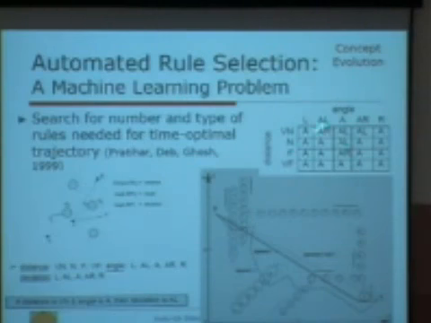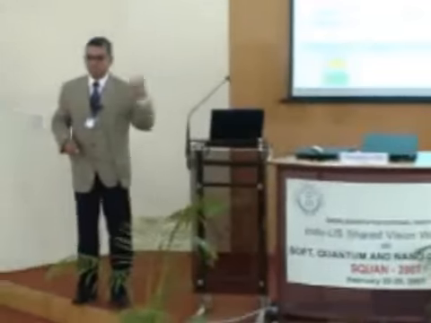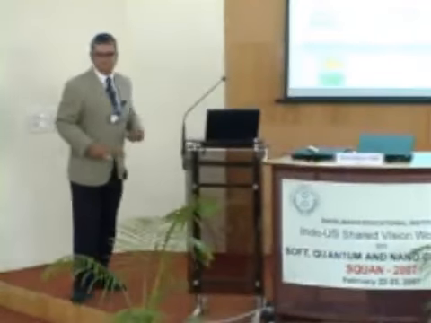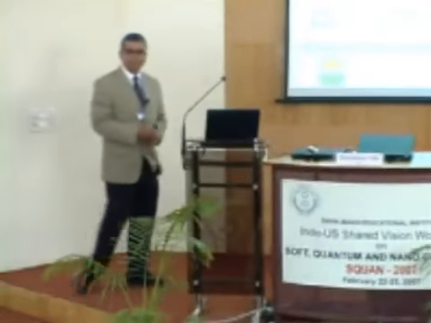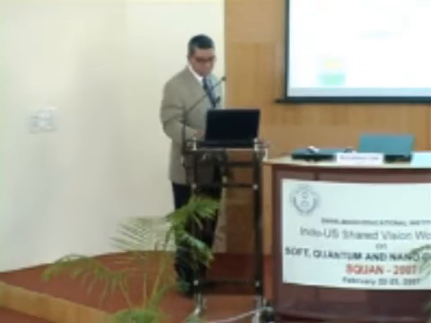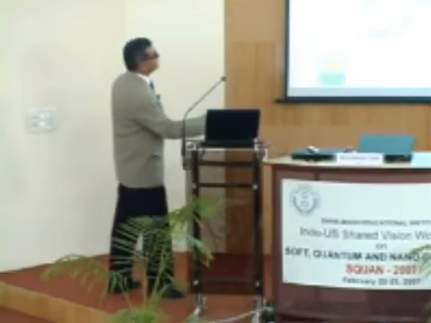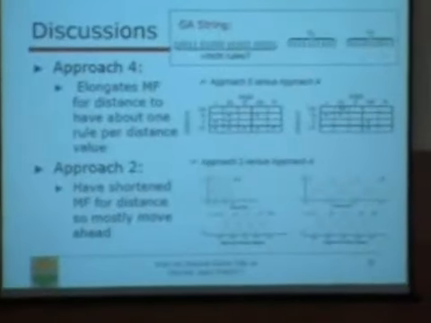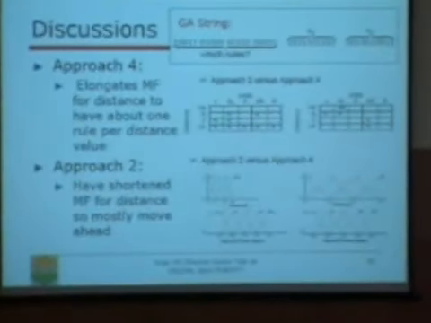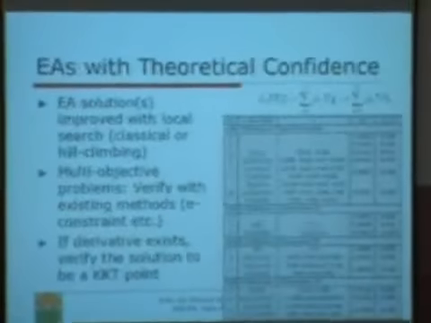We come up with a set of rules, and we ask the genetic algorithm to pick how many rules I should have in my rule base, so that in many scenarios I can navigate in an optimal manner by avoiding obstacles. It gave us different kinds of rule bases and different fuzzy logic membership functions that go with it. So there is no end to what you can do with this for machine learning purposes as well.